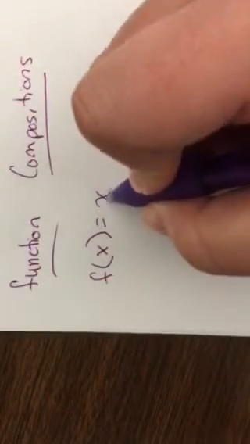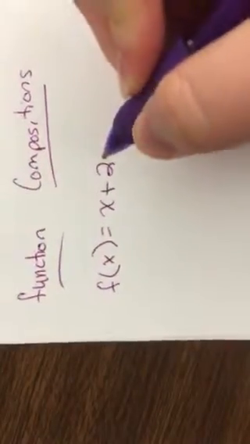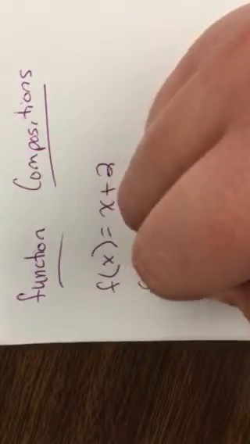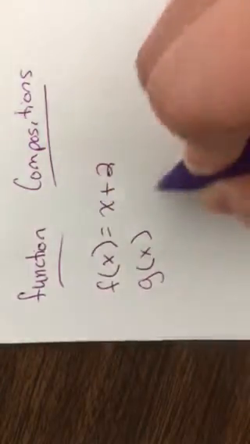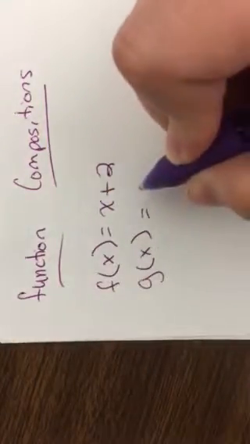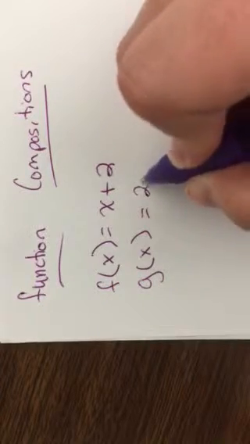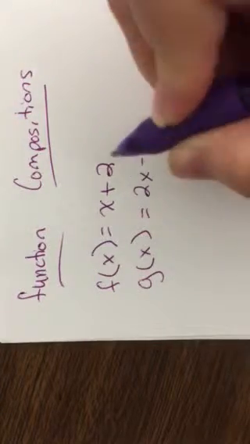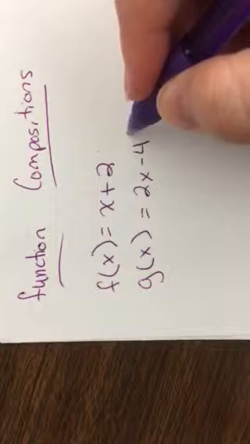If you're given an f of x function such as x plus 2, and you're given another function, g of x, which might equal 2x minus 4. Okay, these are two separate functions.